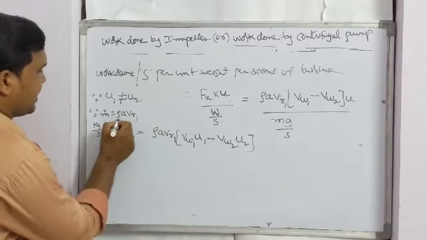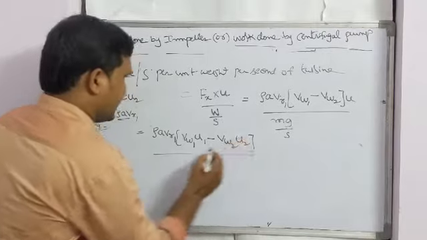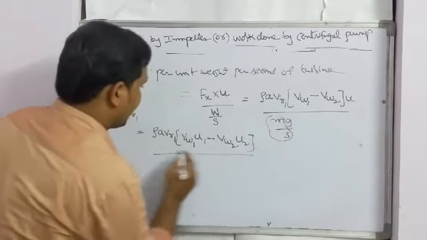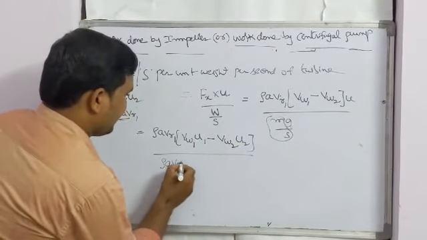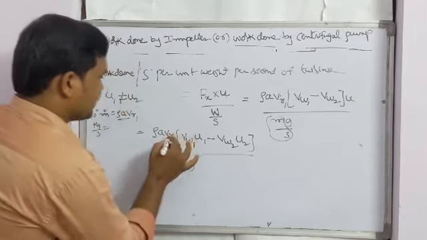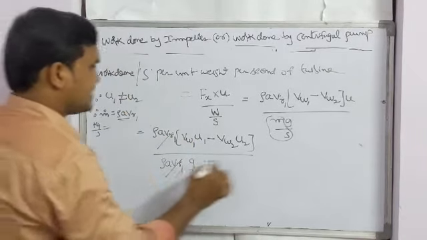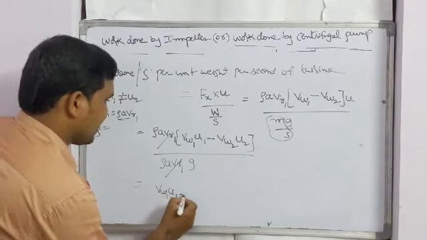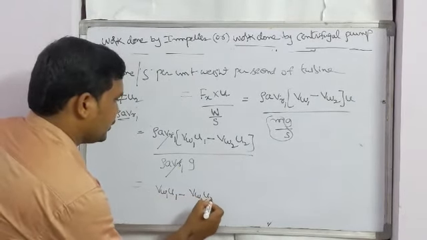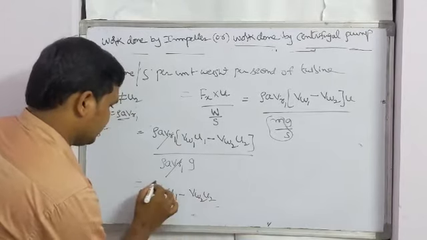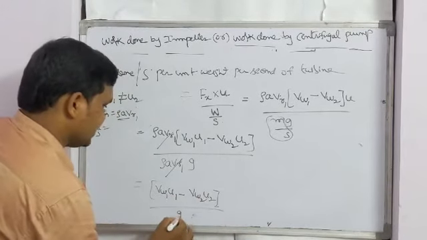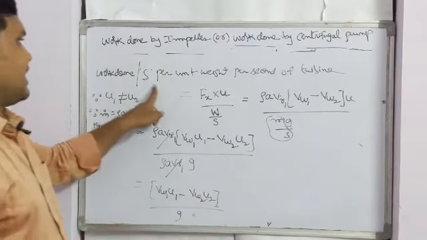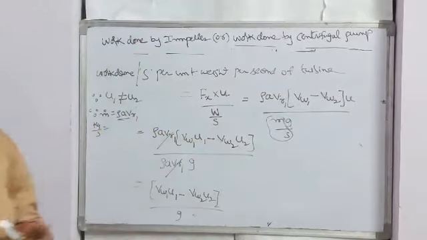So rho A VR1 gets cancelled. The equation is (VW1 U1 minus VW2 U2) divided by g. This is the work done per second per unit weight per second of a turbine.